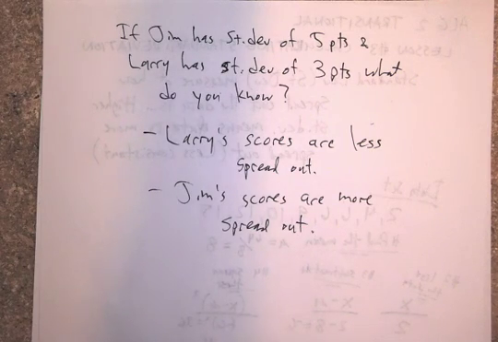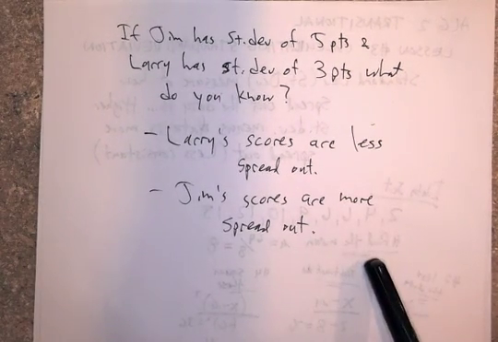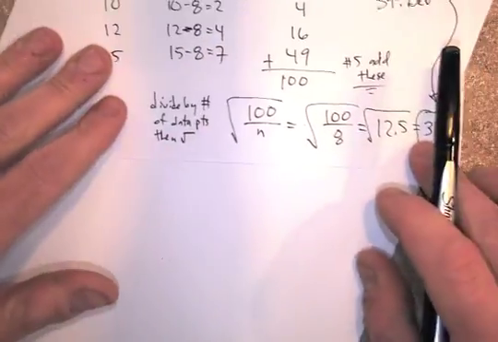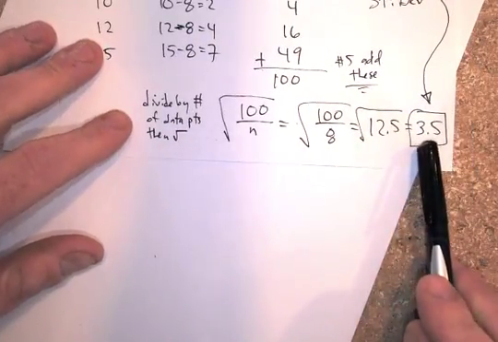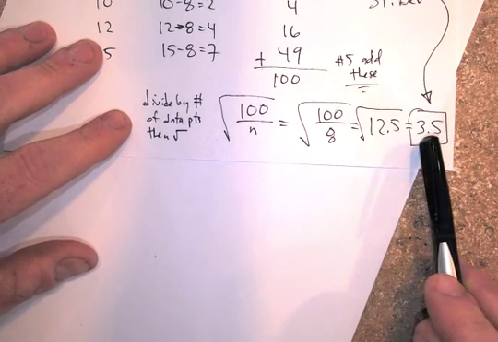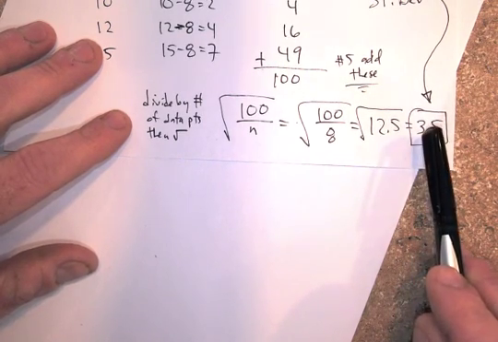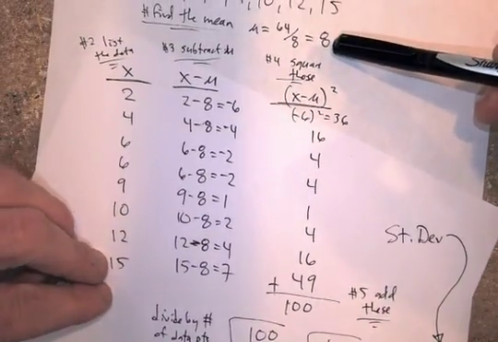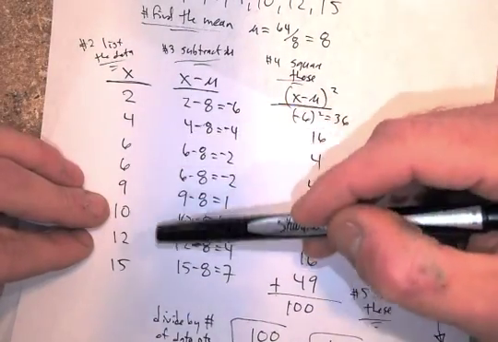It's actually how far the numbers are from the middle or from the mean. Okay? So just as an added thing here, if you want a little more detail, this is saying, hey, all the numbers are about 3.5 from the mean. If I said, hey, the mean's at 8, how far are these numbers from 8?